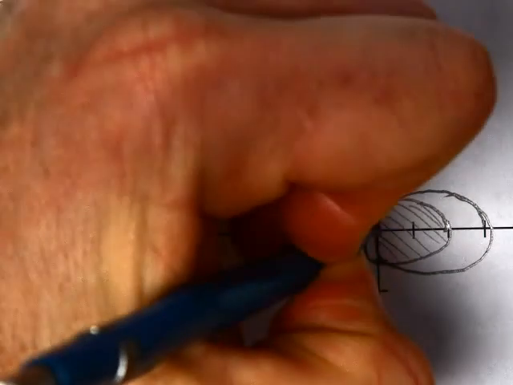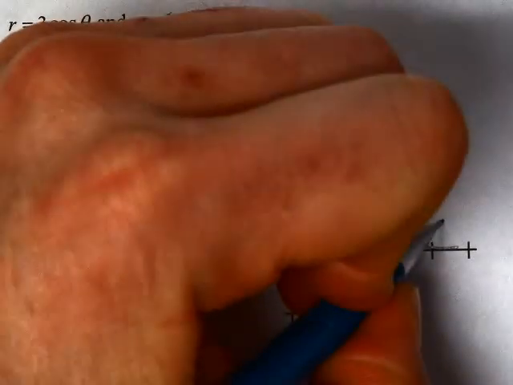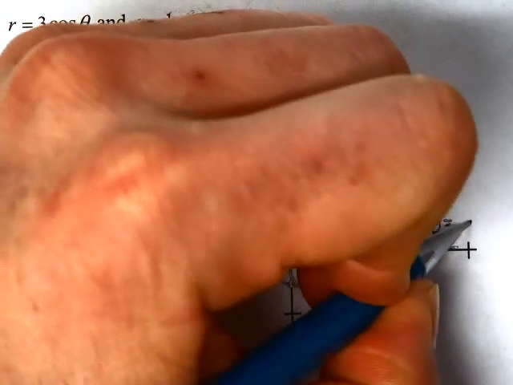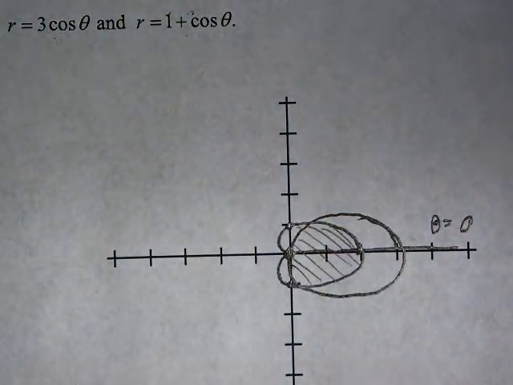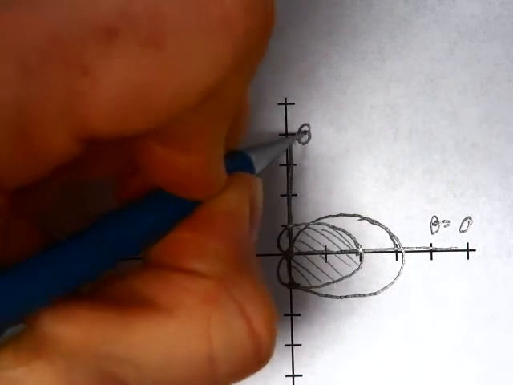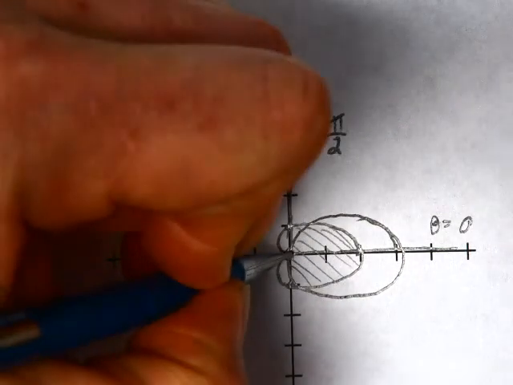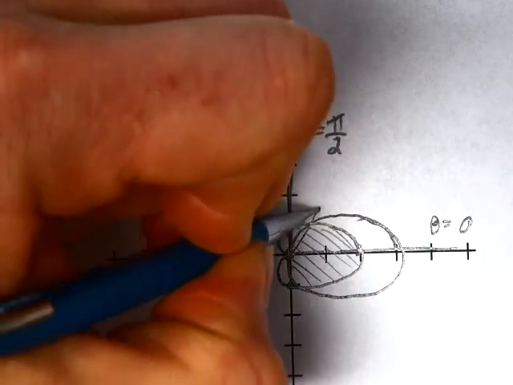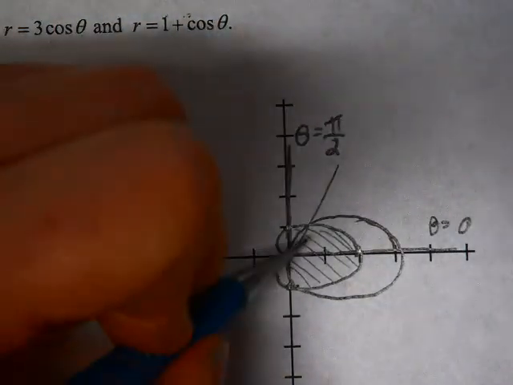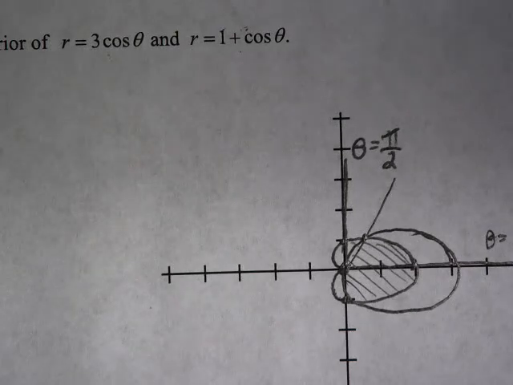I know that the angular measurement right here is theta equals 0, and I know that right up here is theta equals pi over 2. And what I'd like to find is where those two intersect one another.